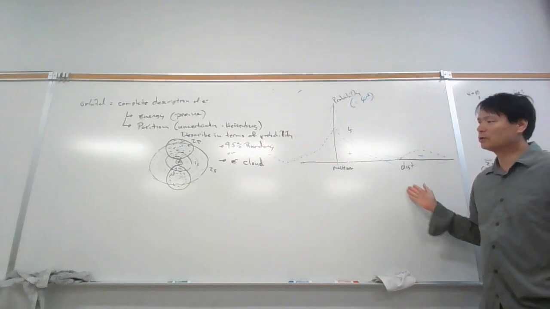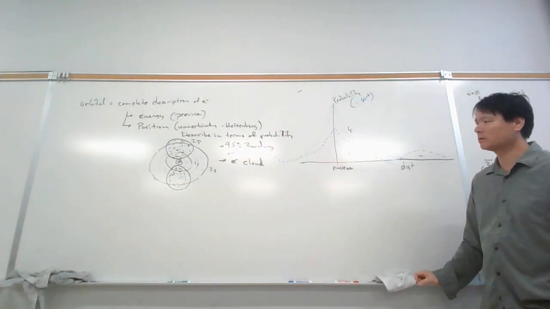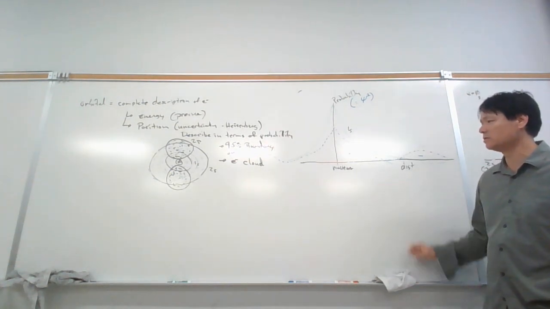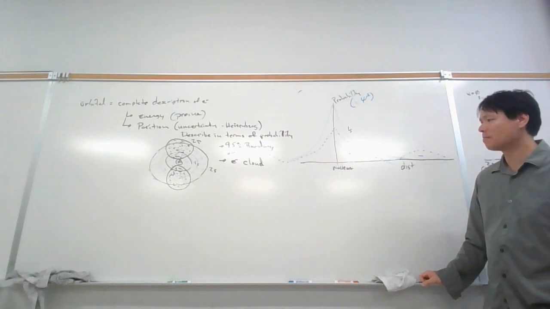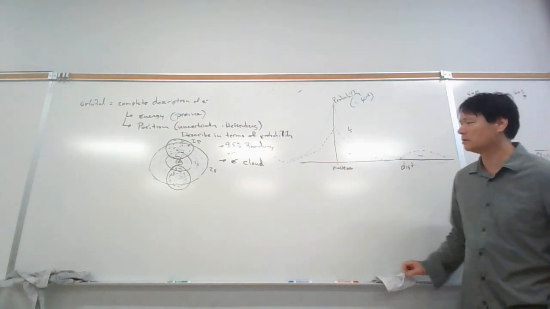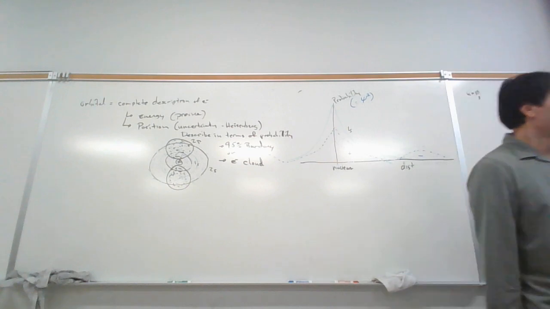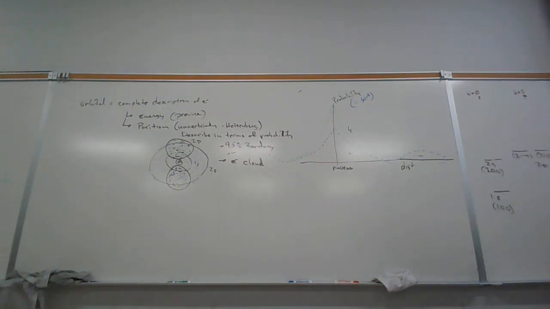P means principal. It's a principal peak in the spectrum. D is diffuse. It's a diffuse peak in the spectrum. And so that's where the origin of the spdf comes from. F, then it just goes alphabetical. F, G, H, etc. And so those have no meaning.